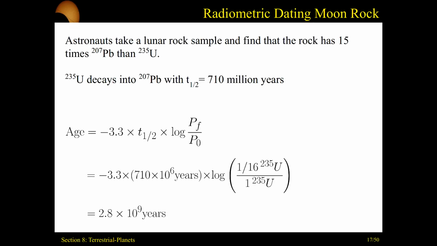So at this point in its lifespan, that lunar sample is 1/16 uranium compared to its initial stage. It was originally 100% uranium, that's why the 1. It's now just 1/16 of the rock, because the remaining 15 parts are all lead. That's where this 1/16 over 1 comes from. Plug it in a calculator, and you'll find this rock to be 2.8 times 10 to the 9th years old.